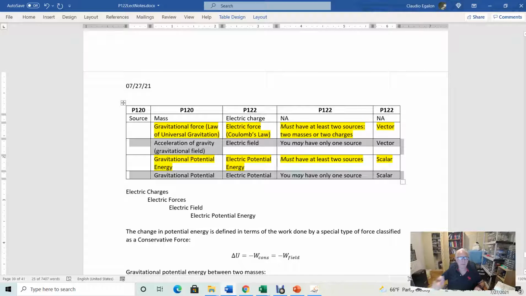The field can be either the gravitational field, which is the acceleration of gravity, or it can be the electric field. That's how you should look at that.